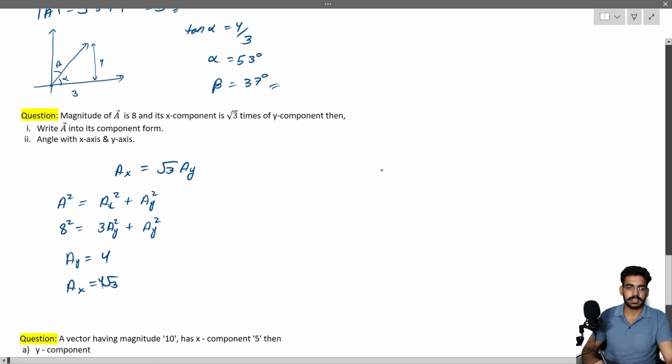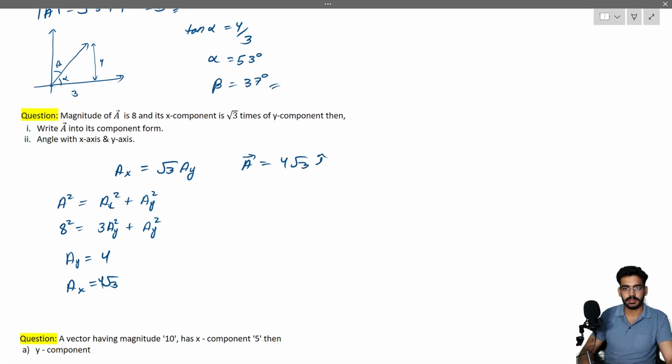So I can say your A vector is basically 4 root 3 i cap plus 4 j cap. Okay. The angle with x-axis, y-axis that you can answer, tan alpha is your y by x, right? So that is 4 by 4 root 3, that is 1 by root 3. So tan alpha is equal to 1 by root 3, that is 30 degree, right? So beta is equal to 60 degree. I hope this is clear.